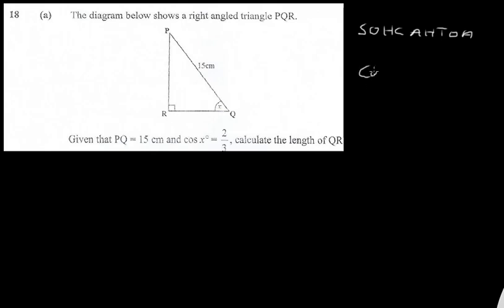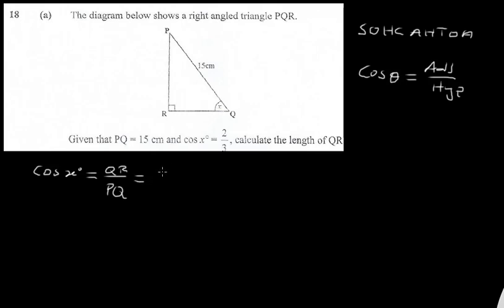So if we have cos, we know that cos theta equals adjacent over hypotenuse, right? And in this case, we've been given cos x. X is there. Our adjacent is where the x is resting, and that is line QR. So adjacent QR over hypotenuse, which is PQ, right?